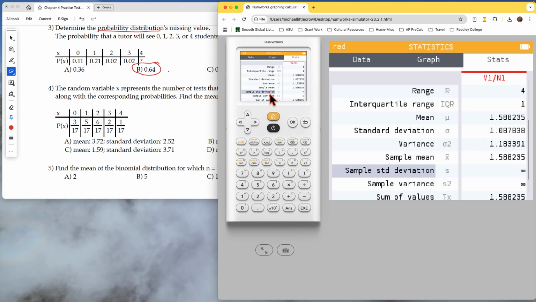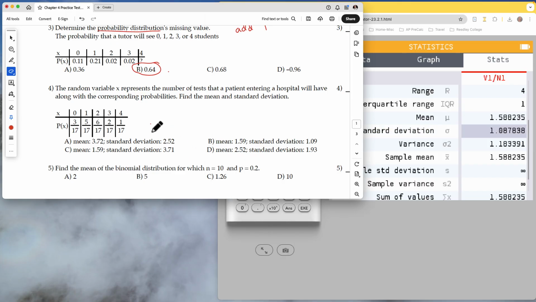Sample standard deviation. But notice, because these are fractions of 1, we've got an infinity there. So really there's only 1 standard deviation that's usable. That's this one here. So the mean and standard deviation. I'll just do this standard deviation first: 1.087.